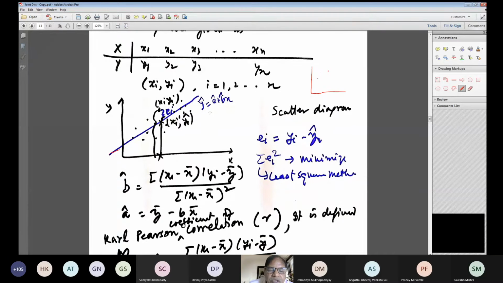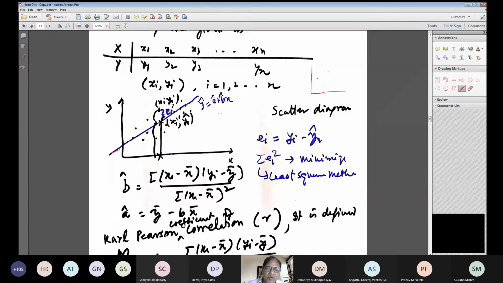Now the question is how to get a and b. Because once you are fitting a line, you need to get the intercept as well as the slope. So in statistics, at many places, this cap is used to indicate that these values have been estimated from the data. And there is another area which is known as statistical inference.